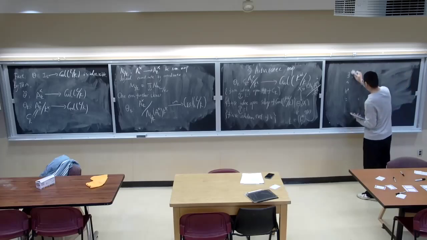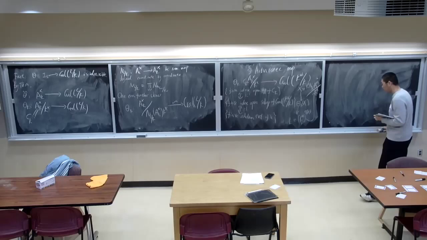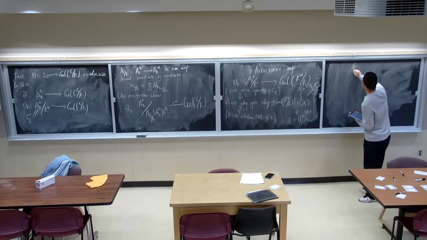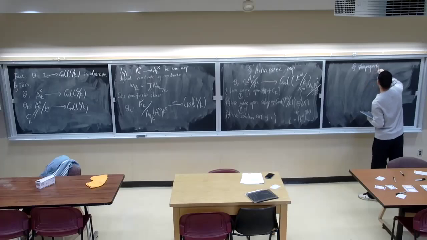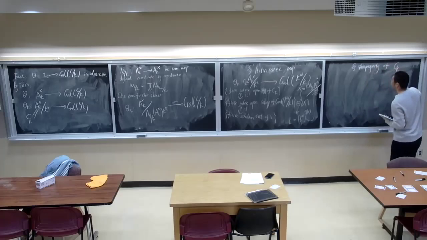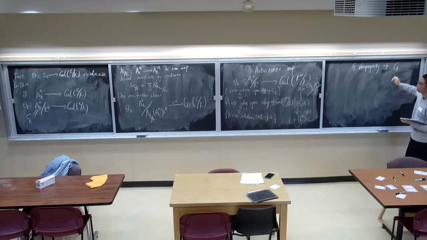in the last few minutes, let's talk about some properties of this C_K. C_K should be the central object. It should be the most important object we are looking for.